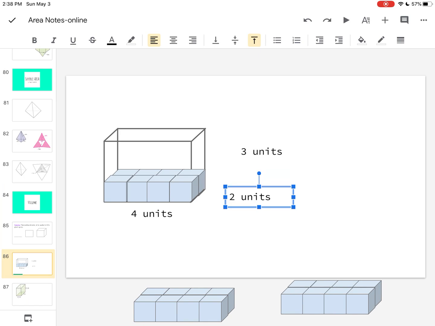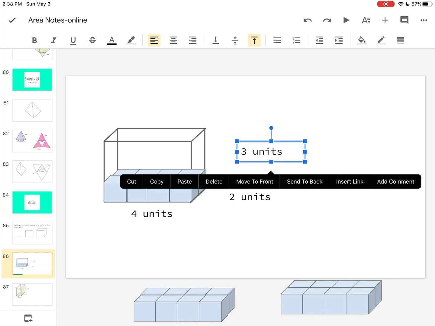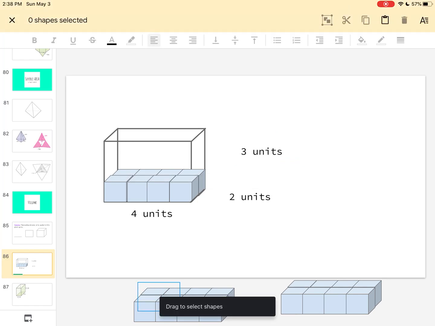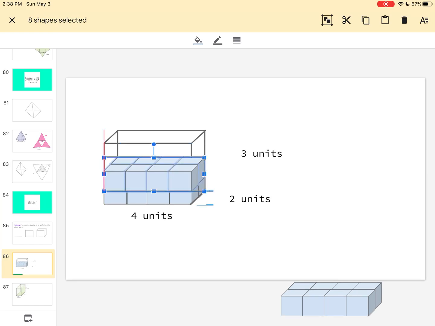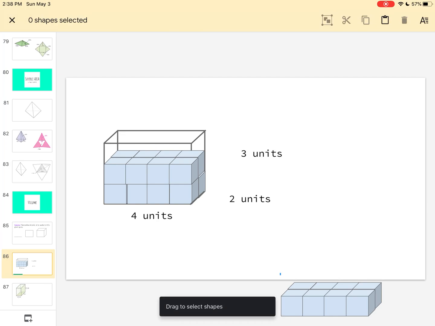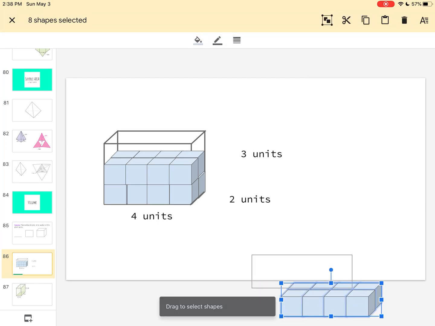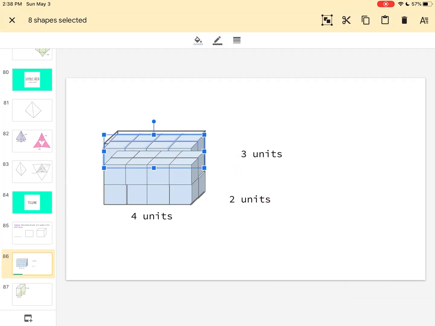Once you know the area of the base, then you have to figure out how many of these layers I have in the rectangular prism. How many layers of 8 cubes do I have? Well, the height is 3 units high, so if you think about it, I could fit 1 more layer and then a third layer.